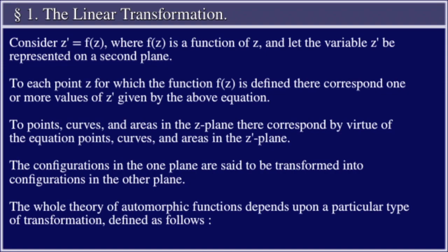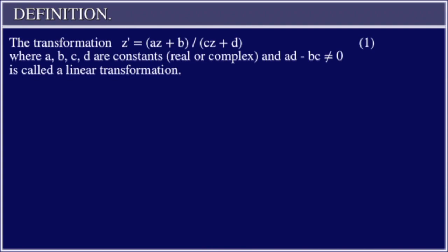The whole theory of automorphic functions depends upon a particular type of transformation defined as follows. Definition: the transformation z prime equal to az plus b divided by cz plus d, equation 1, where a, b, c, and d are constants, real or complex, and ad minus bc is not equal to 0, is called a linear transformation.